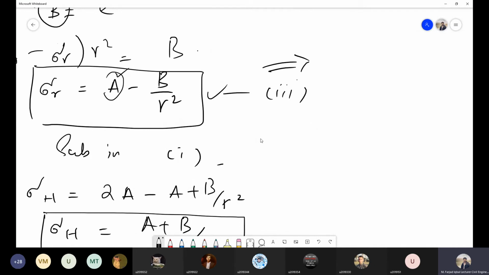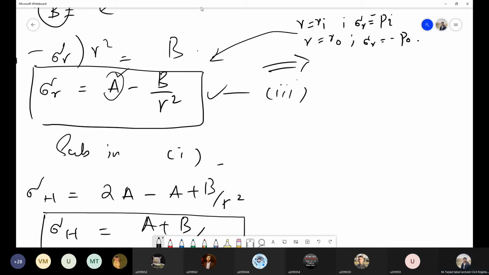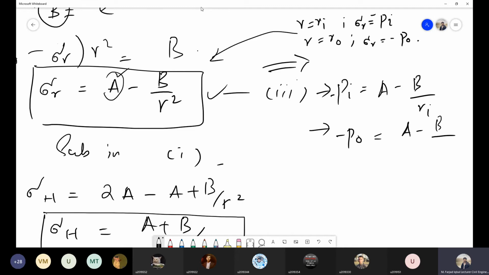Now initially we wrote that at r is equal to ri, the radial stress is equal to minus pi, and at r is equal to r naught, the radial stress is equal to minus p naught. Now if I substitute these two conditions into this one, I will get minus pi equals a minus b over ri square. Then the second equation will be minus p naught, which is due to this condition, and that will give me a minus b over r naught square.